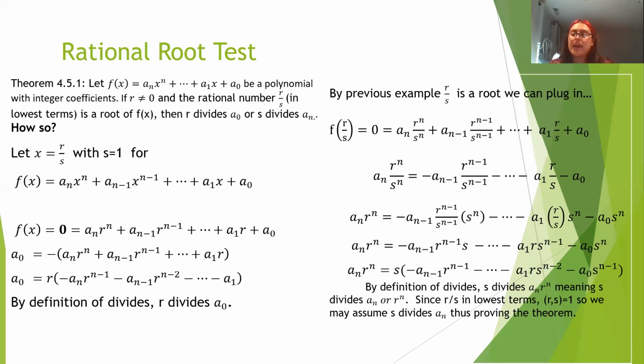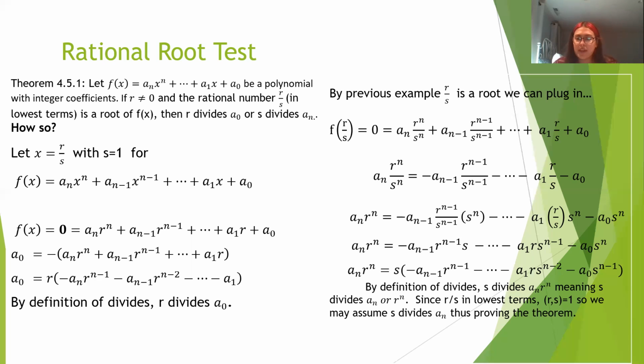And by multiplying the s's and simplifying, we see that a sub n r to the n equals negative a sub n minus 1 r to the n minus 1 s up until minus a sub 1 r times s to the n minus 1, minus a sub 0 s to the n.